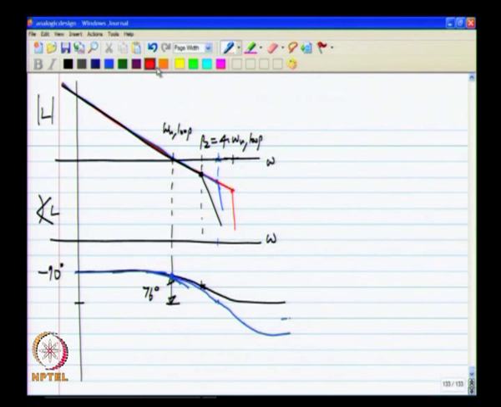And if you look at the red one, it will do the same here, and then it will do this, and it goes even further. So, the phase at very high frequencies is very different, but the phase when the loop gain crosses unity is the same for all of them, and we have seen that that corresponds to the same kind of step response.